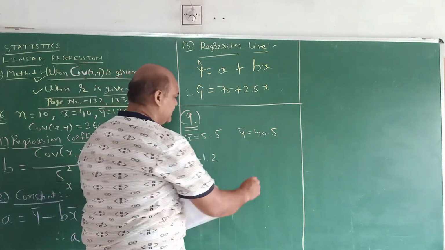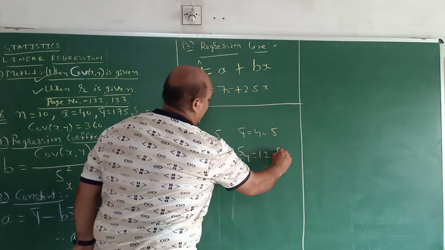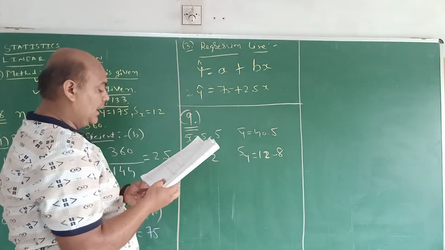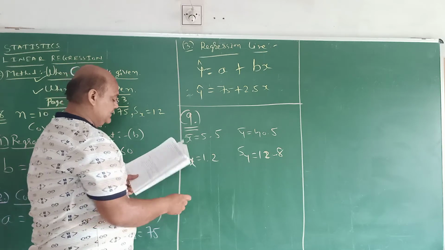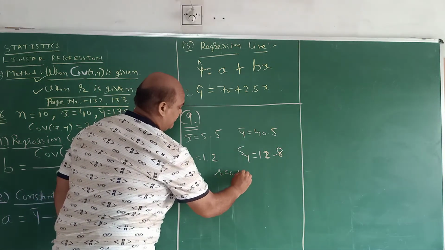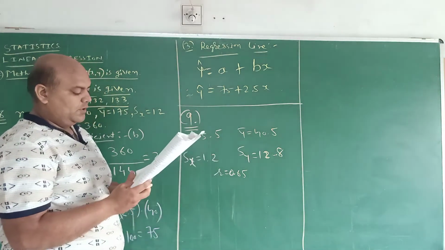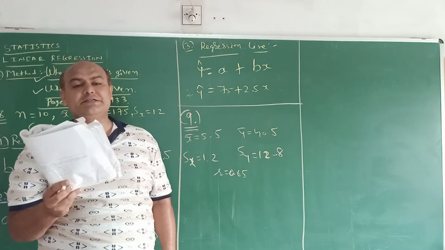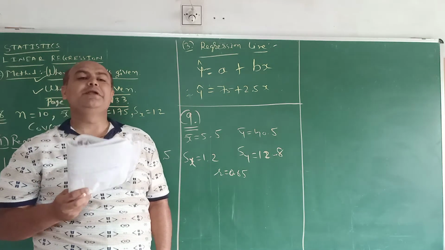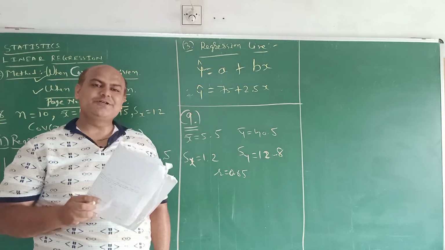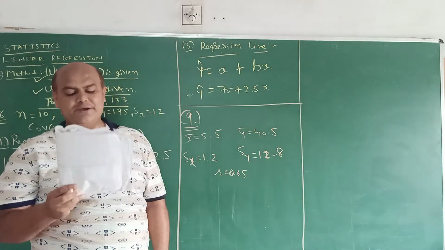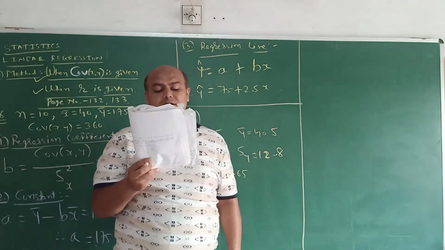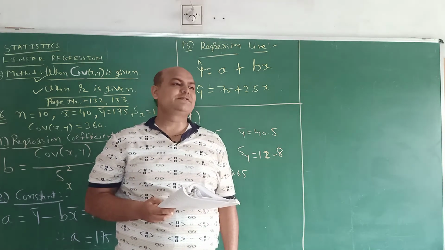Sy is 12.8. R is given. R is 0.65. Obtain the regression line of annual investment in mutual fund, that is y, of a family on their annual income, y on x. Annual investment on annual income, y on x. Estimate the annual investment in mutual fund of a family whose annual income is rupees 4.5 lakh. See, forecasting is also given.